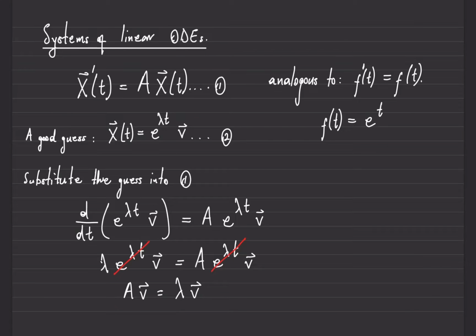That is, V bar has to be an eigenvector of A, and lambda has to be the eigenvalue of A. So that is very, very important. This is how the idea of eigenvalues and vectors enters the scene of ODEs.